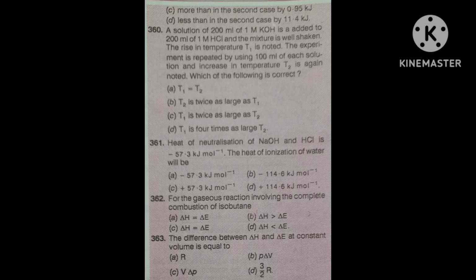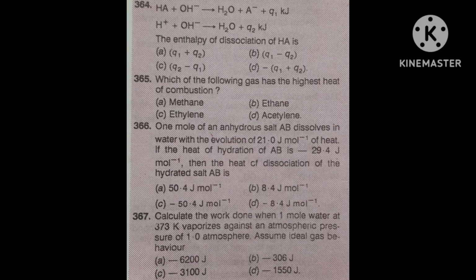HA means weak acid like acetic acid, CH3COOH, that is a weak acid. HA is representing a weak acid. Then the Q1 value is that of a weak acid HA with a strong base.